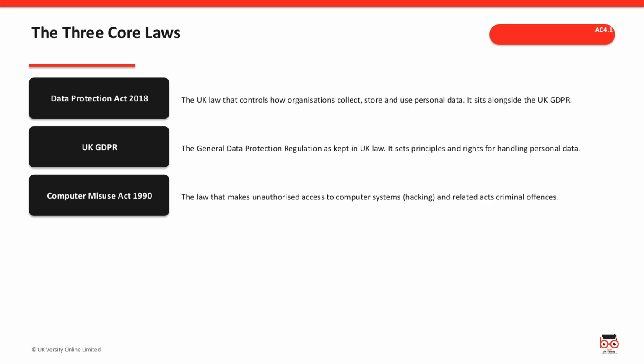The UK GDPR is the General Data Protection Regulation as kept in UK law, setting out principles and rights for handling personal data. And the Computer Misuse Act 1990 makes unauthorised access to computer systems, in other words, hacking, and related acts into criminal offences.